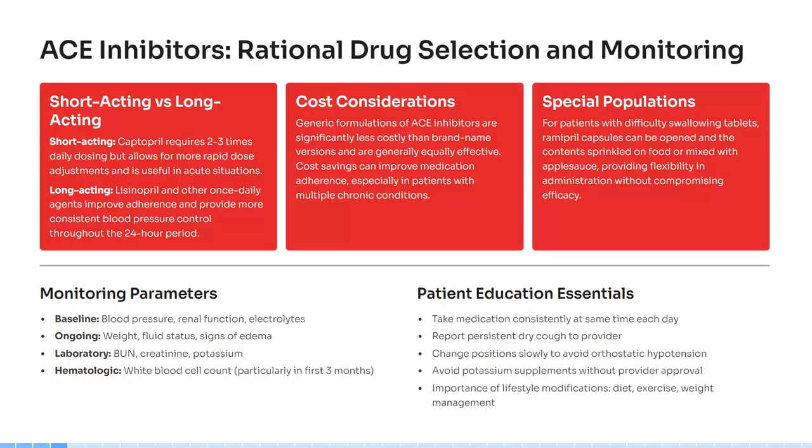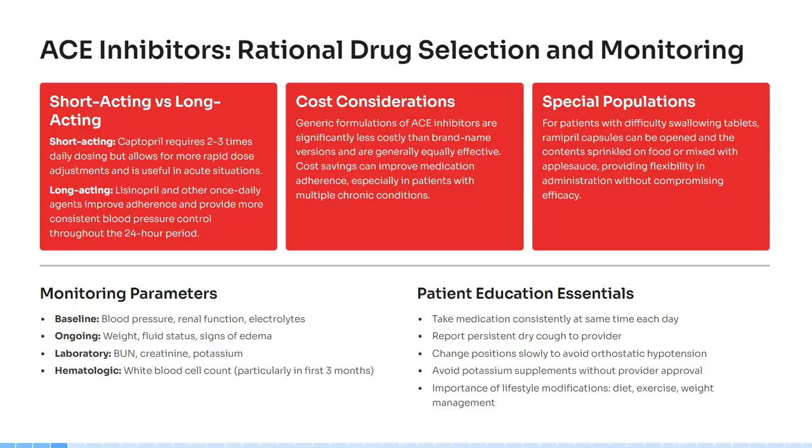Also, you want to let them know if they get a persistent dry cough to let you know. Do not act like that dry cough is not important. You want to make sure your patient understands if they get that persistent dry cough to let you know. They need to change positions slowly so they can avoid orthostatic hypotension.